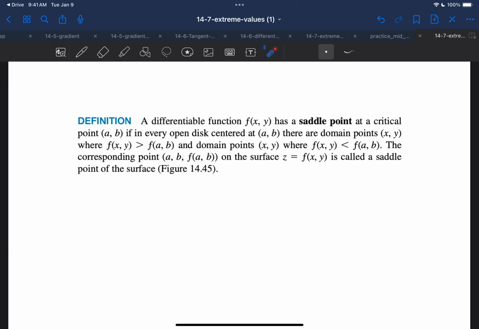The corresponding point (a, b, f(a,b)) on the surface z equals f(x,y) is called a saddle point of the surface. In other words, given a critical point, if this is not a local extreme point, then we call it a saddle point. That's the definition given here.